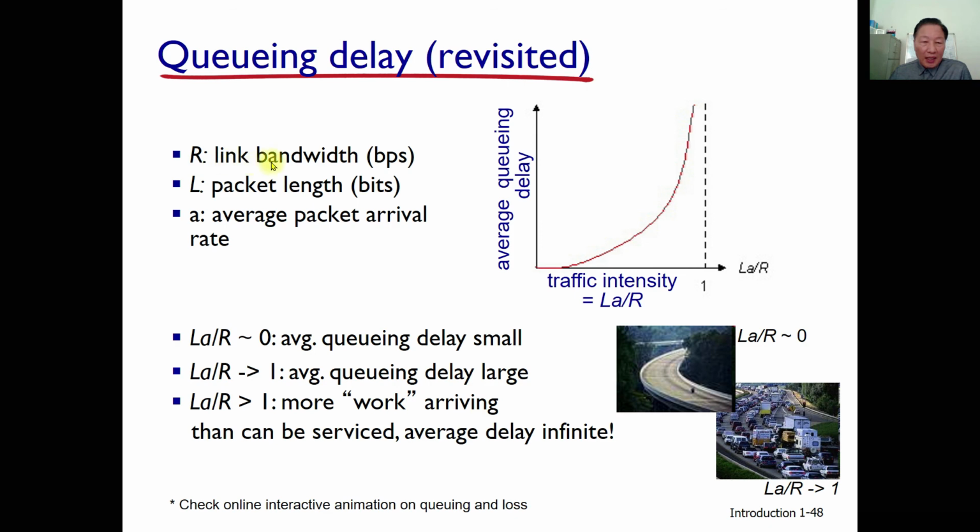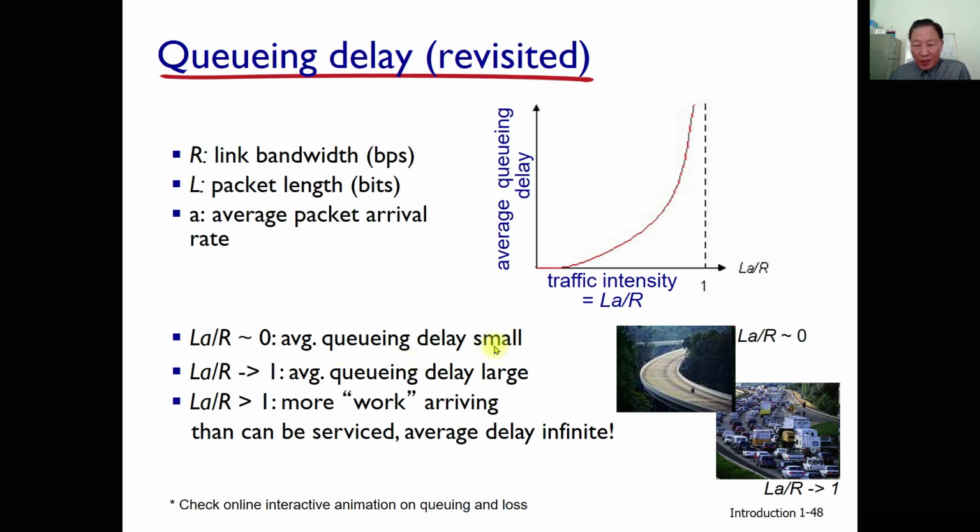Let's assume R is the bandwidth and the speed, in bits per second, and L is the packet length, in bits, and A is the average packet arrival rate. How many packets are arriving per second, like that. Then if LA over R is so low, that means the link speed is much higher than the arrival rate, then queuing delay will be small.